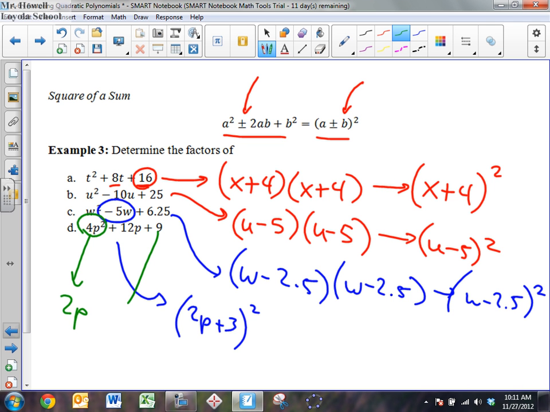The square root of this number is just 3. That comes about from here. This was a square. This was a square. So to get these values, you just take their square roots. That's a way to save you some time. But if you use the AC method, you'll get 2p plus 3, 2p plus 3. And if you FOIL this back out, you'll get the answer that we started with.